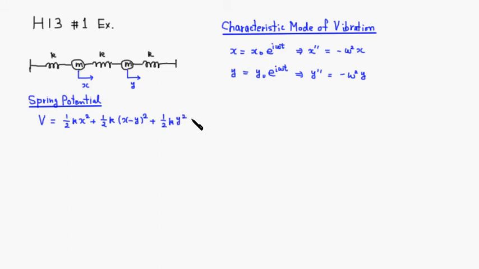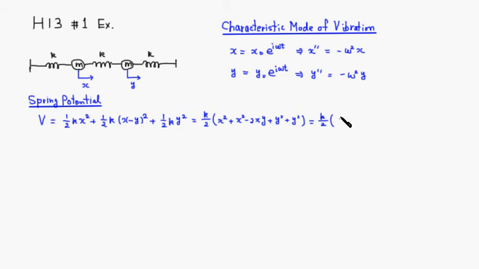So if you multiply it out, everyone seems to have k over 2, so I'm going to just pull those out, k over 2. You have x squared from the first spring. From the second spring, I'm going to just multiply out, so that will be x squared minus 2xy plus y squared, and the last spring is going to be just a y squared.